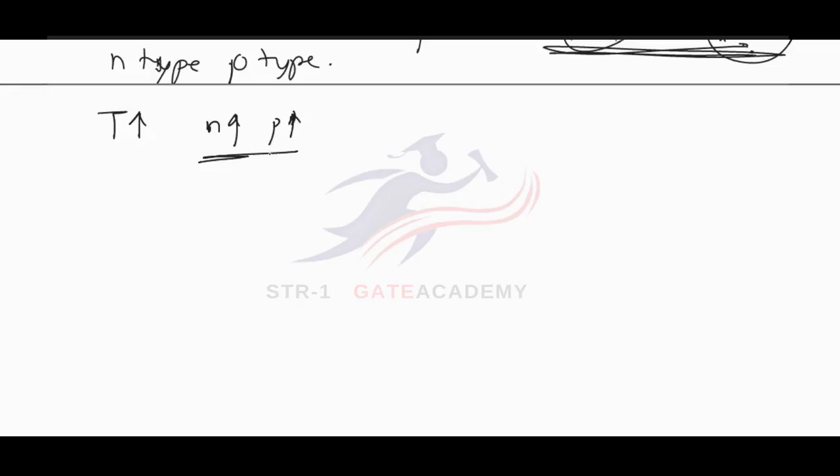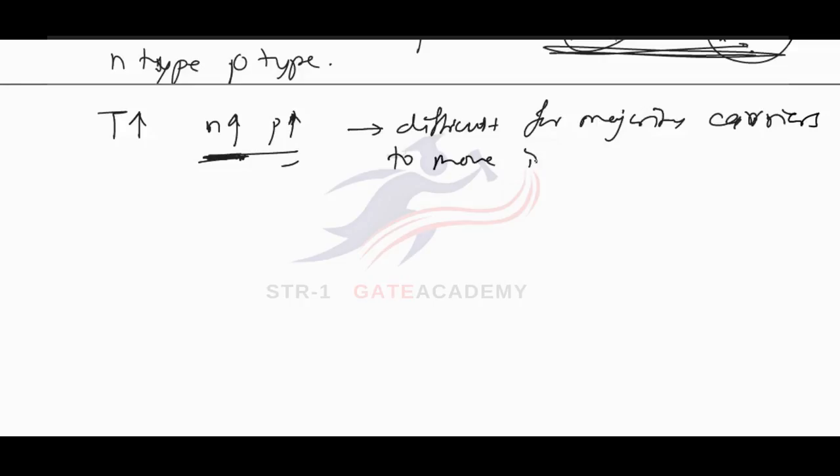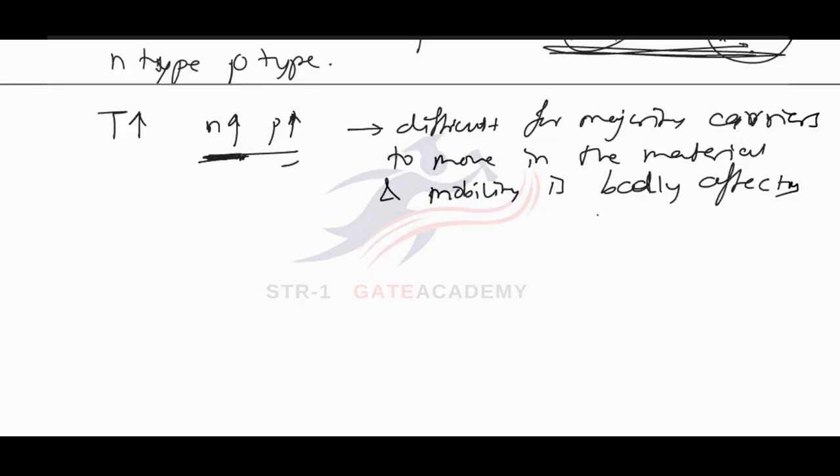So I can say that with this much concentration of majority charge carriers in extrinsic semiconductor, it becomes very difficult for majority carriers to move in the material, and mobility is badly affected by the temperature.